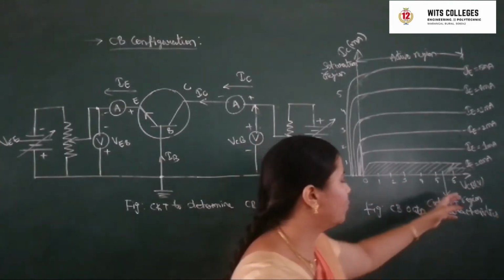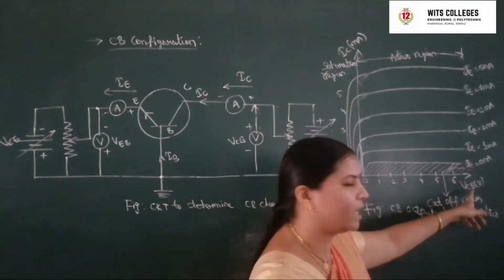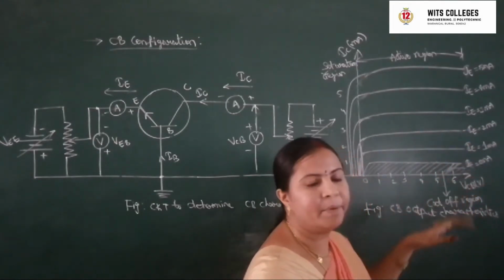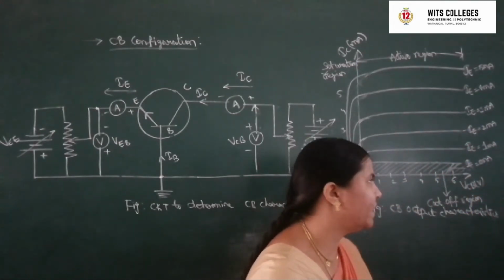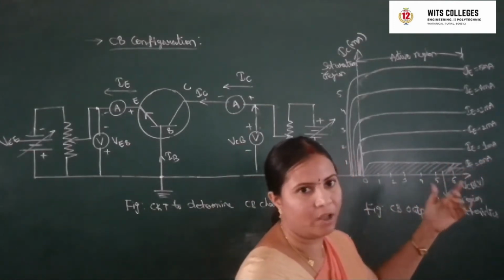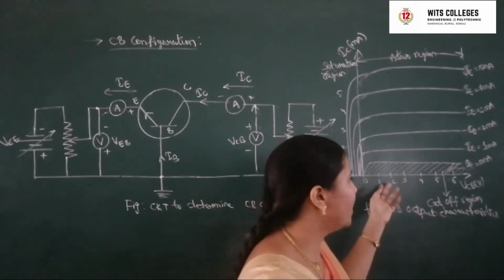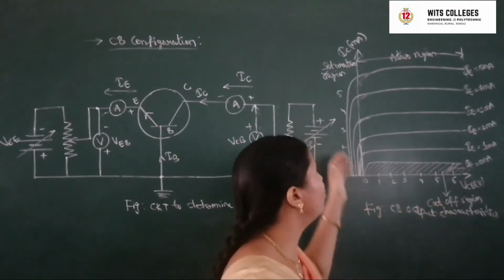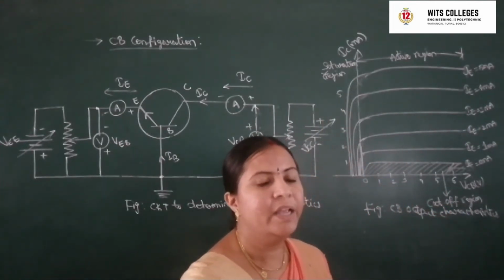You vary the collector to base voltage and keep the emitter current at either 1 milliamp or 2 milliamps. First you keep the IE value at 0 milliamps constant, vary the collector to base voltage, and note down the values of collector current step by step.